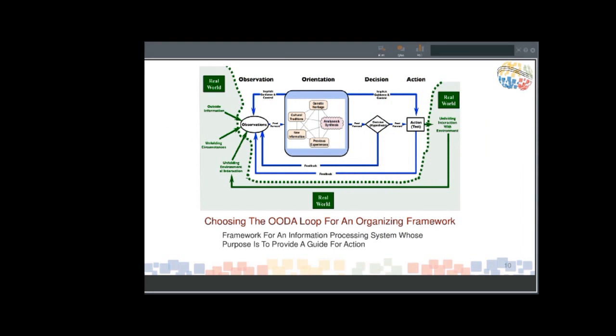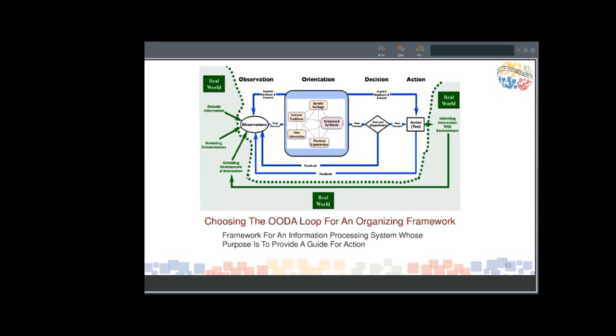I mentioned a couple minutes ago that we have an organizing framework, and that organizing framework is what's called the OODA loop. OODA stands for the four activities listed on that picture up there: observation, orientation, decision, and action.